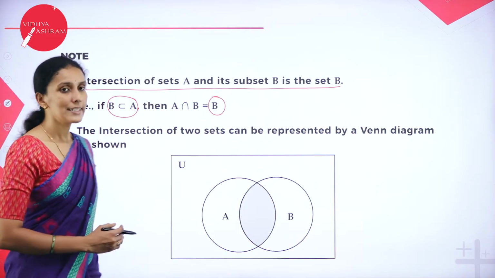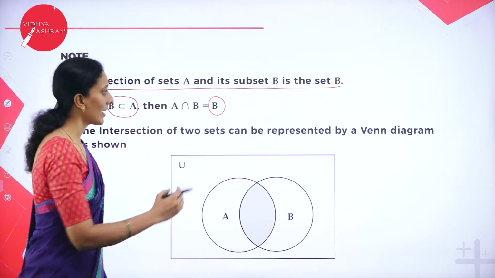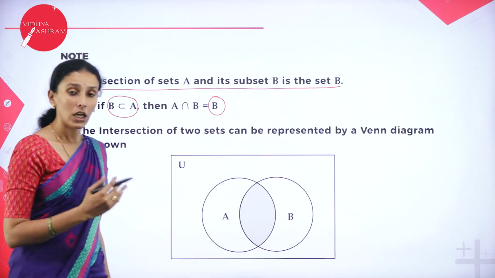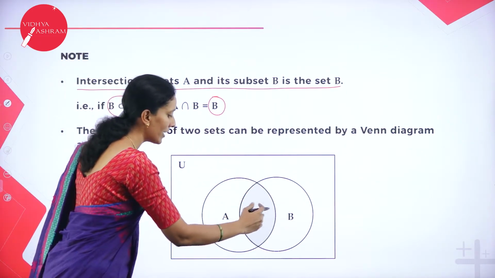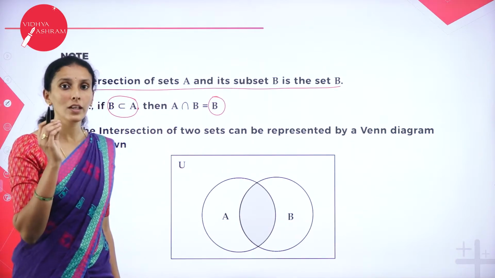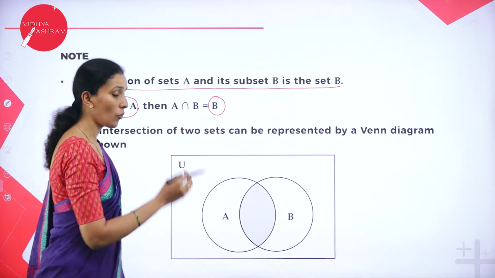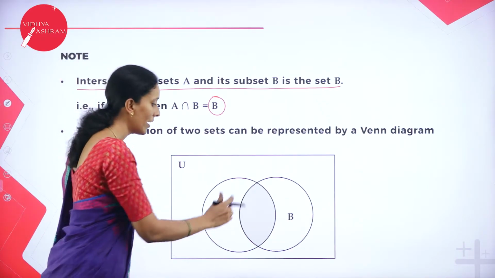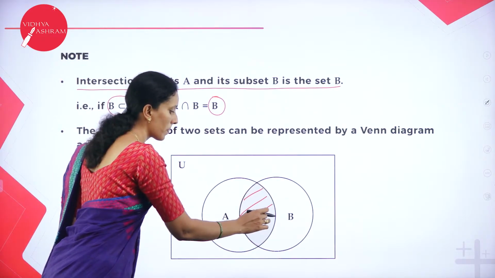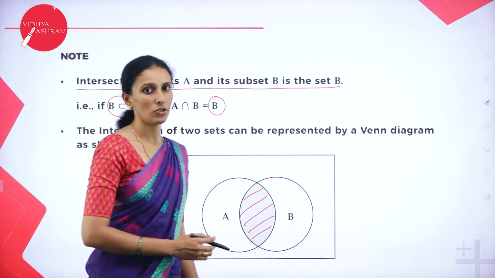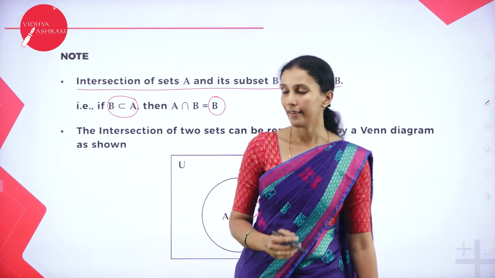Next, the intersection of any two sets can be represented by the Venn diagram in this way. Here, only the middle part is shaded. Why? Because only the common elements are the answer for the intersection. So where will we find the common elements? Inside this oval. Therefore, this is how we represent an intersection of sets using a Venn diagram.